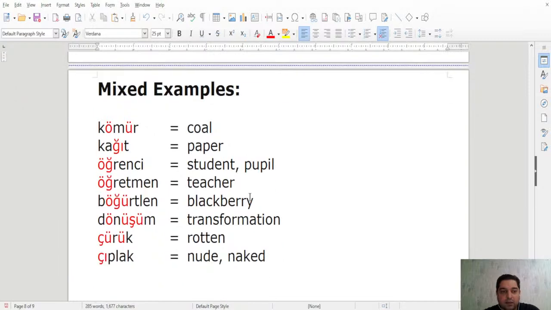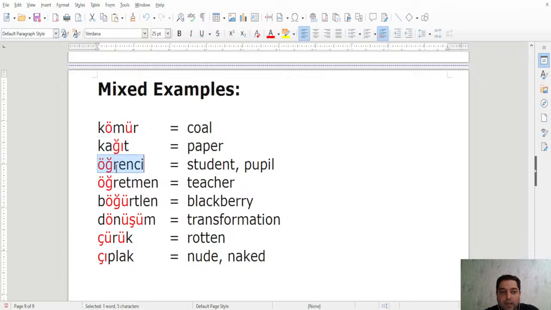Now we have a bit more examples, which are mixed examples with different kinds of letters together. Here we have kömür, with Ö and Ü, which means coal. We have kağıt. This is silent. You don't say kağıt with a hard sound, right? It is kağıt.